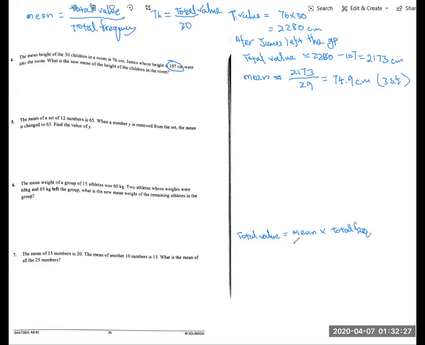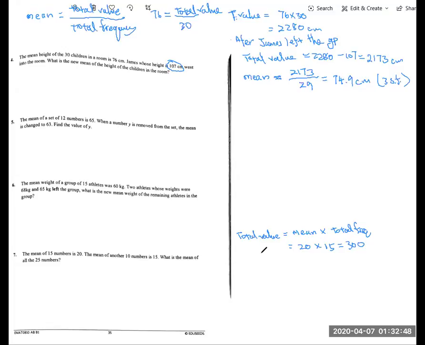In this case, the mean is 20. The total frequency is 15 members. So the total value is 300.